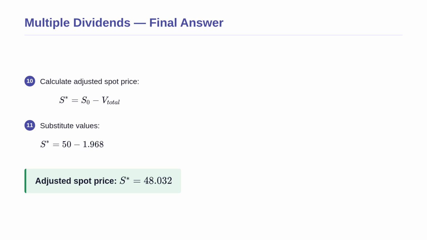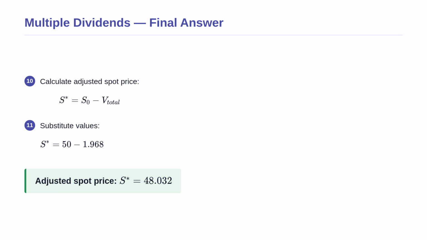We calculate the adjusted spot price by taking the current market price of the stock and subtracting the total present value of the dividends we just found. We substitute $50 for the current spot price and $1.968 for the total present value. Performing this simple subtraction gives us our final answer.